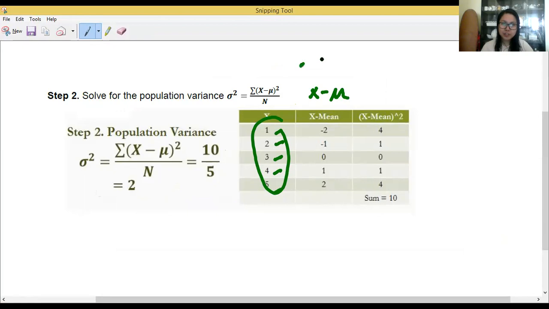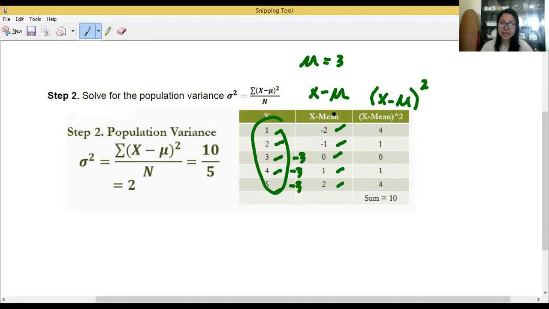Remember, our population mean is 3. So 1 minus 3, the answer is negative 2. 2 minus 3, that's negative 1. 3 minus 3, 0. 4 minus 3, 1. 5 minus 3, 2. Then in the next column, we will square it.